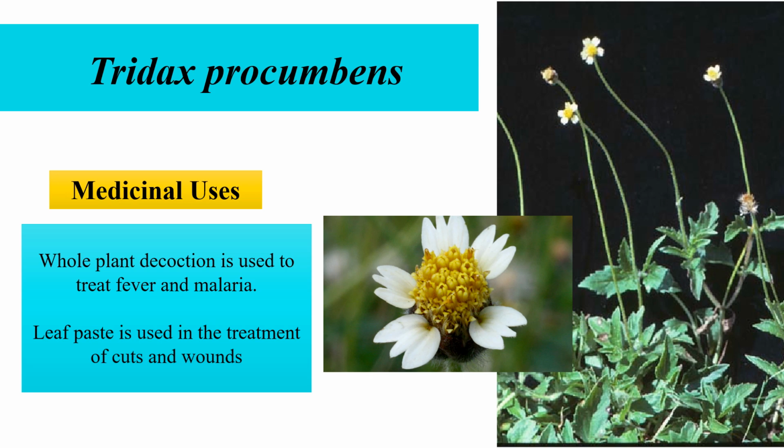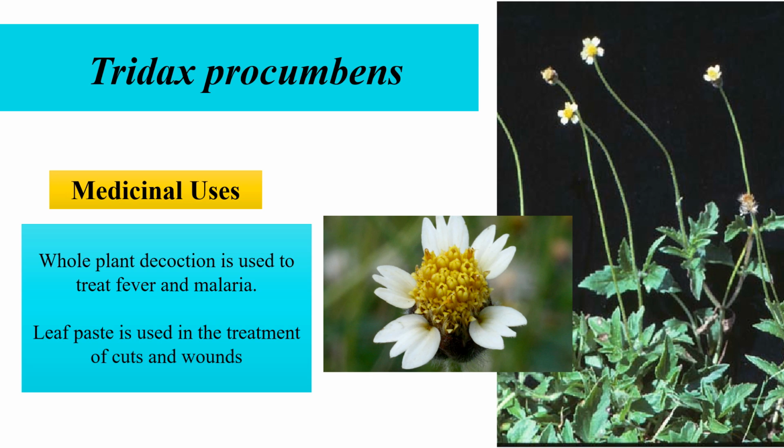Next is Tridax procumbens. Everyone has seen this plant on roadsides or in home gardens. It usually grows in grasslands also. In our childhood days, whenever we had a cut or wound, we used to pluck the leaf, crush it, and apply it to the injured area to treat cuts and wounds.